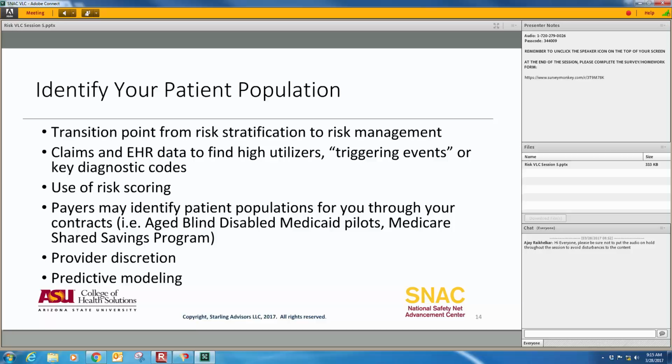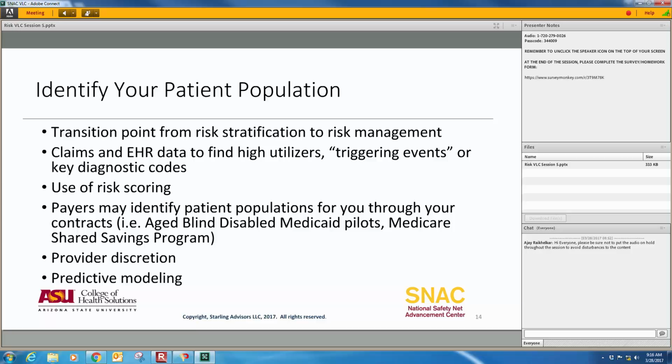In some cases, payers are going to identify those patients and populations for you. So you might, for example, be involved in an arrangement with a payer to do a specific set of interventions for your aged, blind, and disabled Medicaid populations. Many of you might be involved in patient-centered medical home groups, or medical home pilots, where the payers themselves have given you a list of patients from your payer roster with a certain set of risk factors that the payer wants to remain sensitive to.